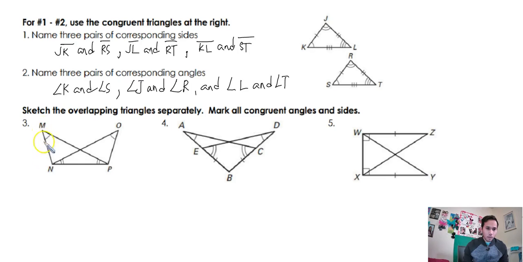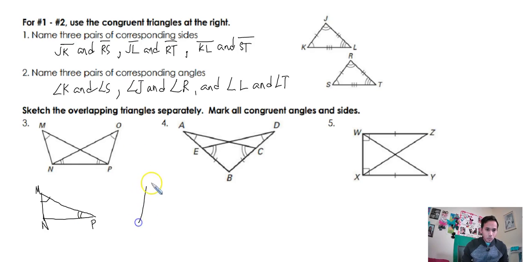Okay, so we have this. That's M, N, and then we have P here. So MP is congruent, and then this one is also congruent to what?